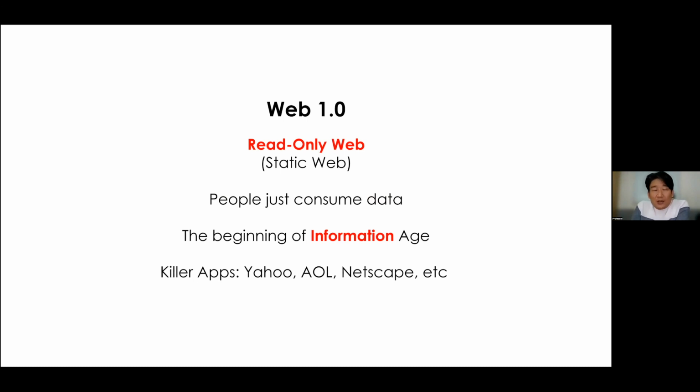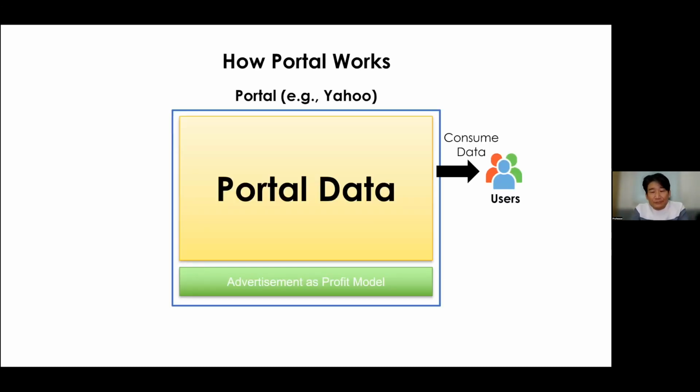But it is very important because it began the age of information. And Yahoo, AOL, Netscape were killer applications at that time. How a portal works is very simple: they create their contents and users just consume this content, and they earn money from an advertisement business model.